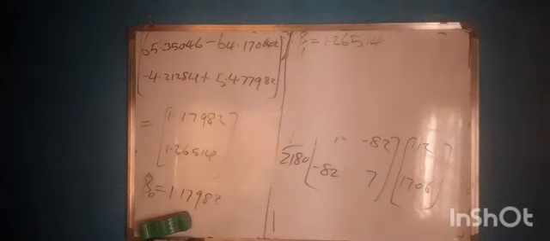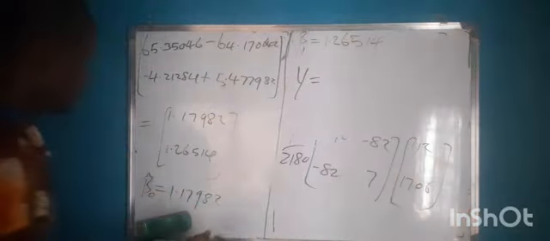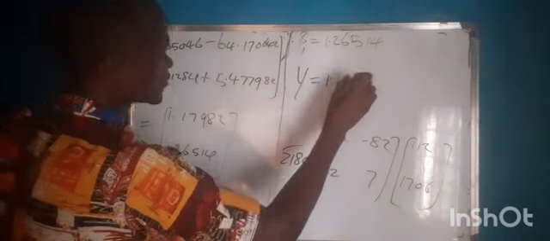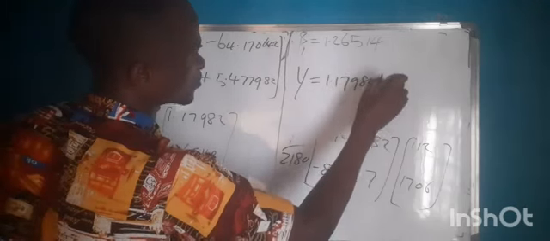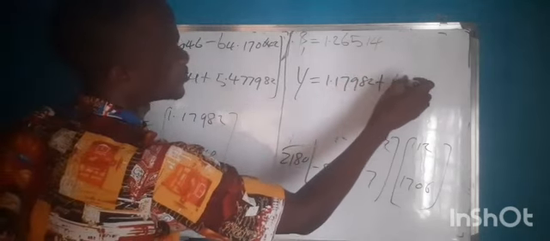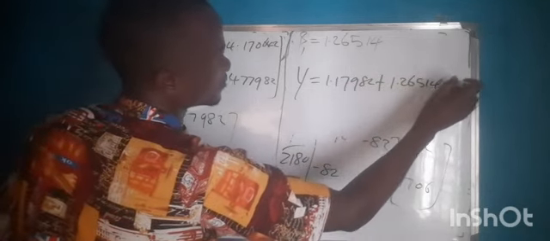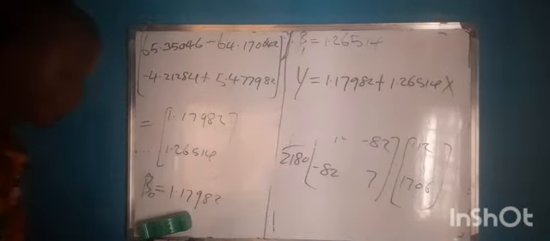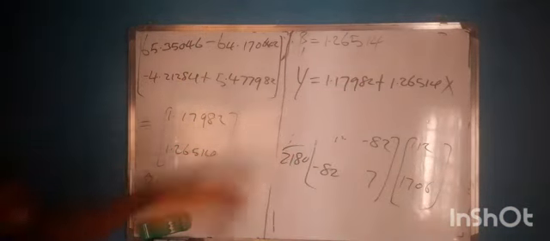Okay, so the regression equation now will be y is equals to 1.17982 plus 1.26514x. Okay, this is the regression equation that we have, the estimated regression equation.